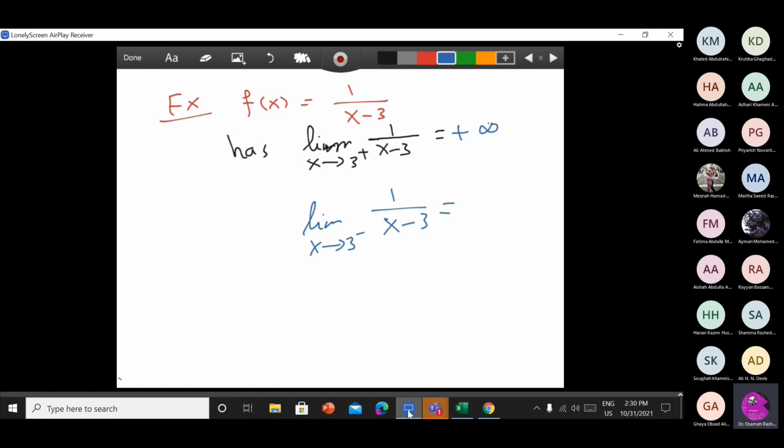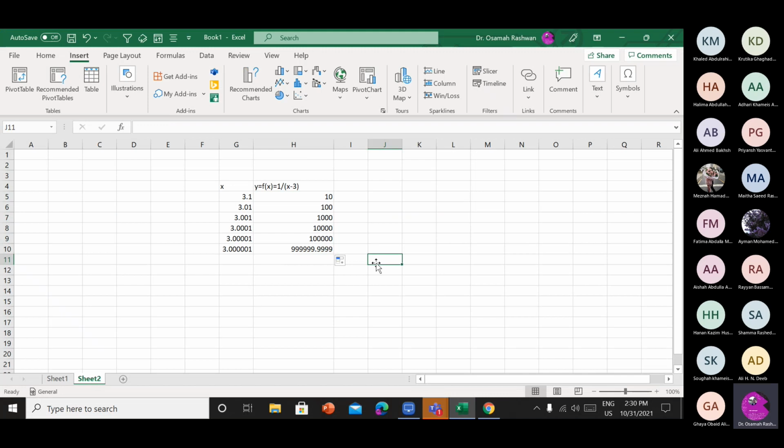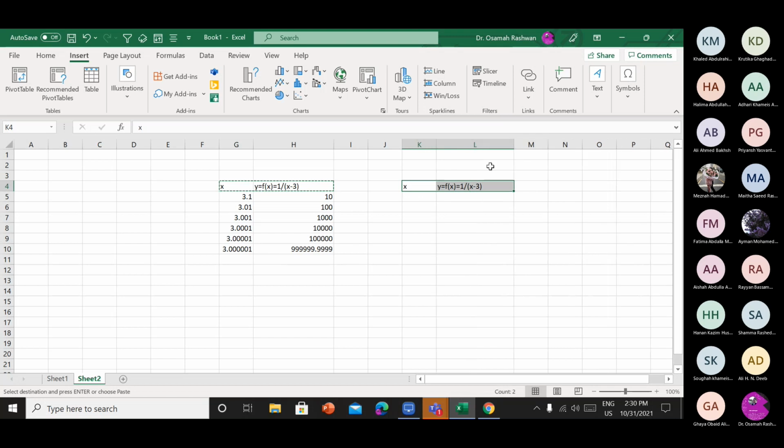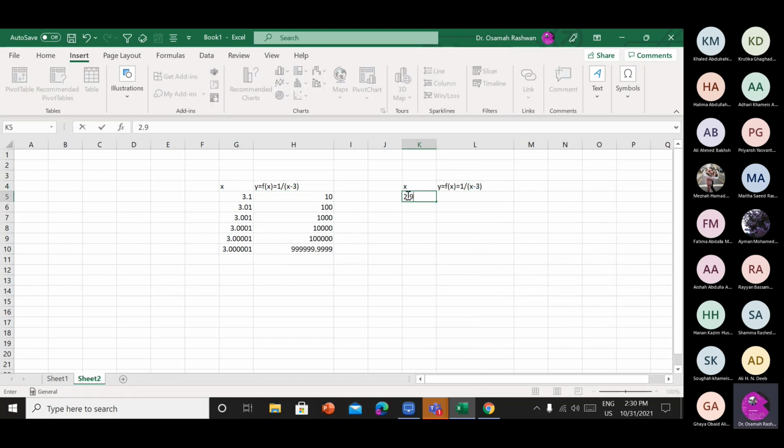Let's do this one from the left to the 3. From the left to the 3, it means what? I'm coming from 2 to 3. So 2.9, 2.99, 2.999.